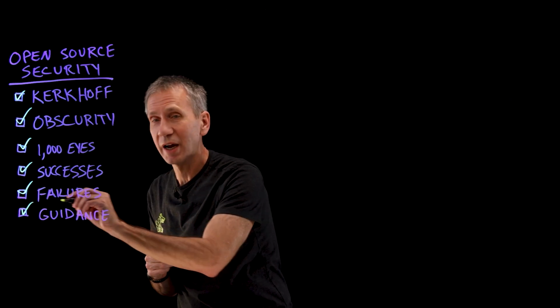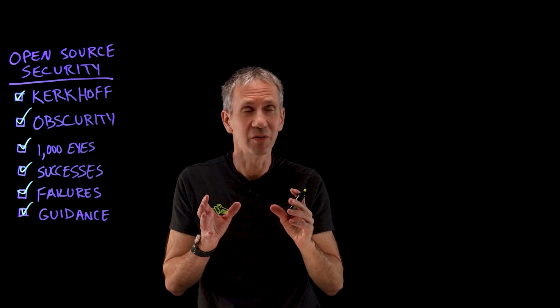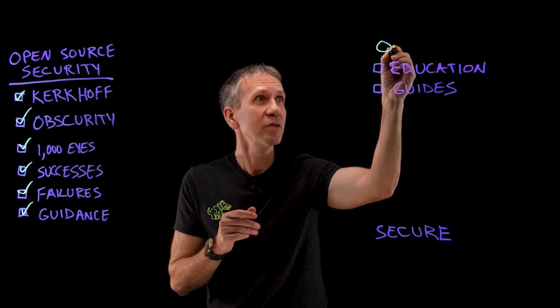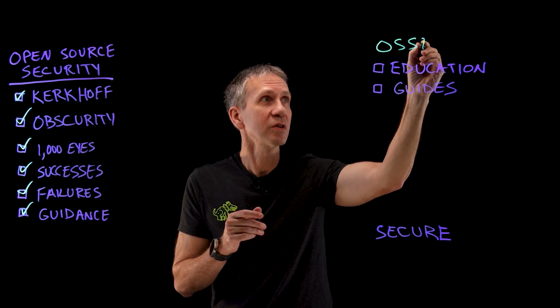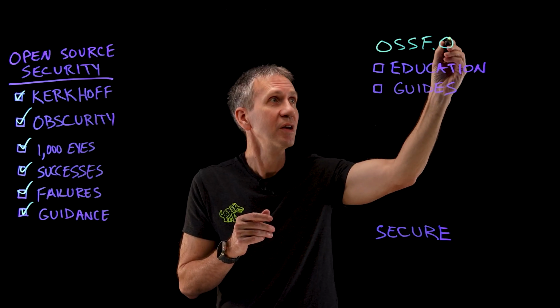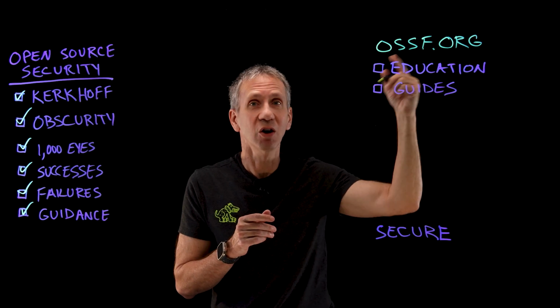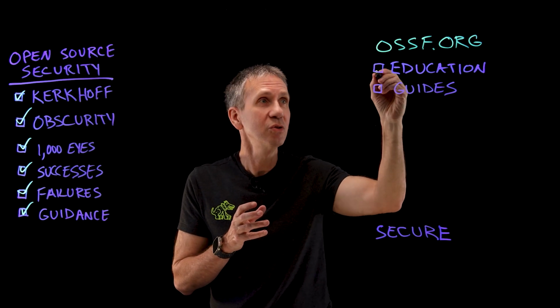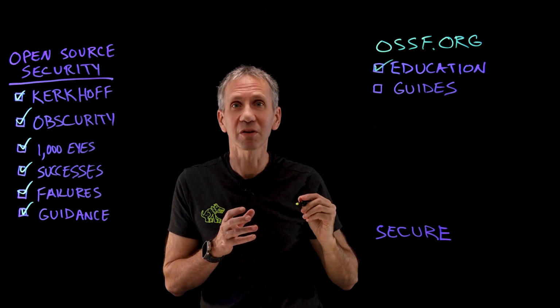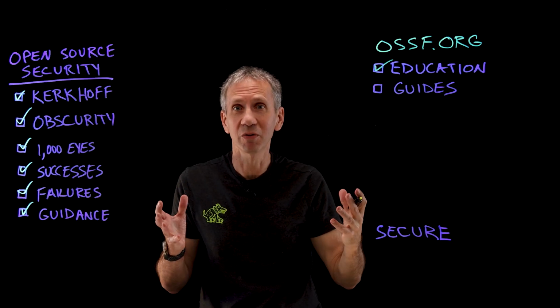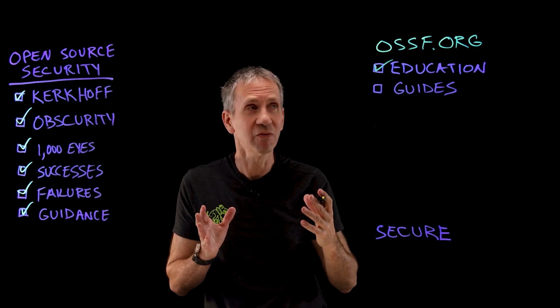Okay, what can we do to avoid some of the failures that I just mentioned? It turns out there is some good guidance out there and resources you can take advantage of. There's a group called the Open Software Security Foundation, OSSF. Their website, ossf.org, includes a lot of good educational materials. So you can learn more about what you need to do to make this stuff not fail.